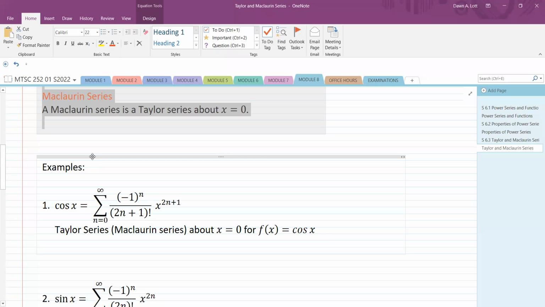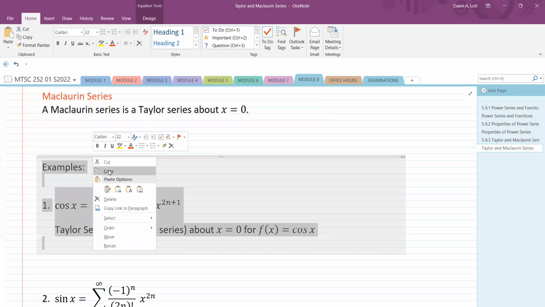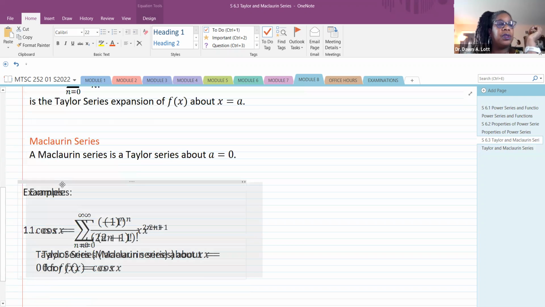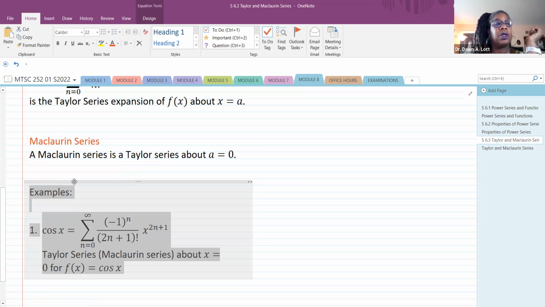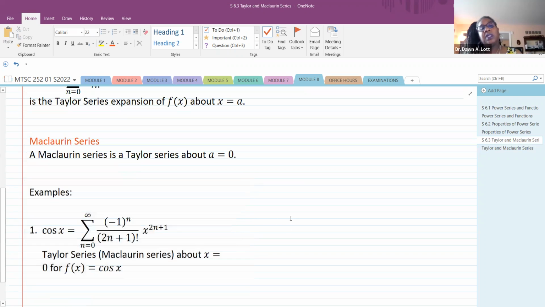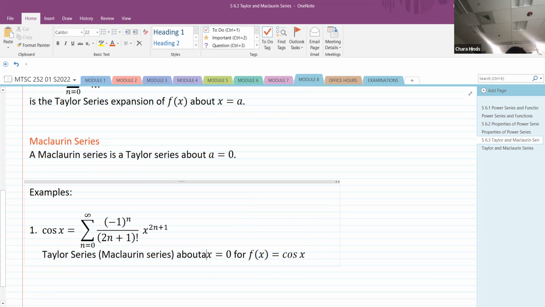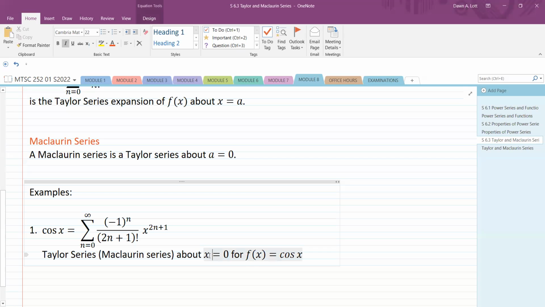So let's start off with an example. The first example is the function cosine x. We can say Maclaurin series because here a is equal to 0.